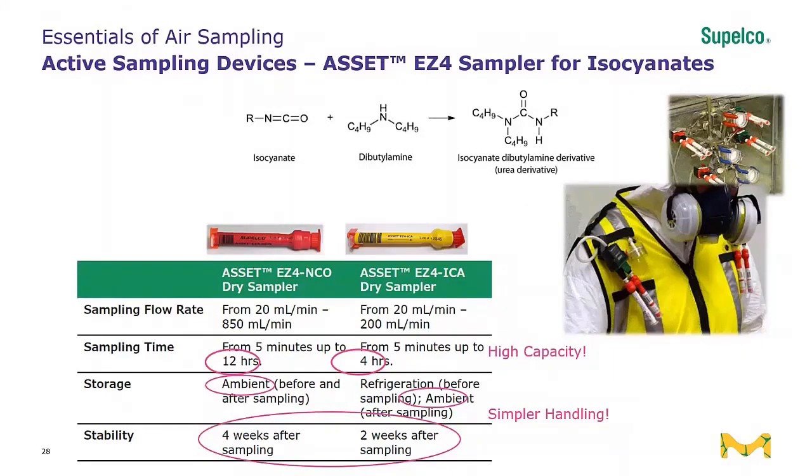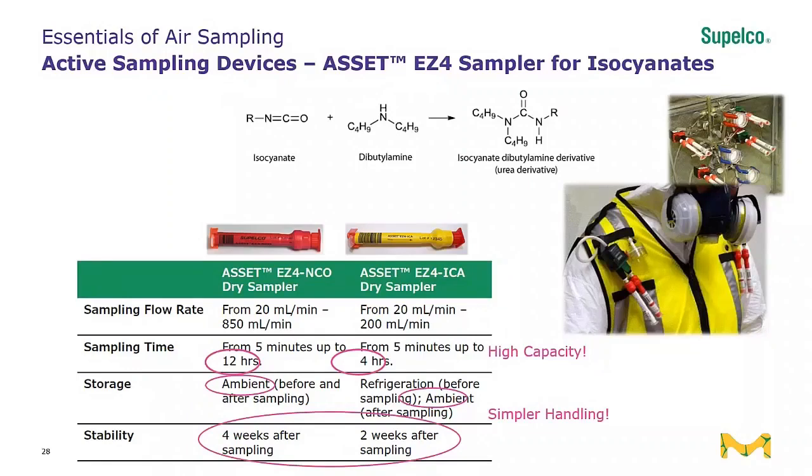And when you're sampling for MDI, which is found in a lot of foams, the current 37 millimeter devices require something called field desorption, where you literally have to take the filter cassette off the worker, remove the filter, and derivatize it in a solution that is hazardous to ship. And there could be a lot of sample loss. There could be issues with using 37 millimeter cassettes for that technique.